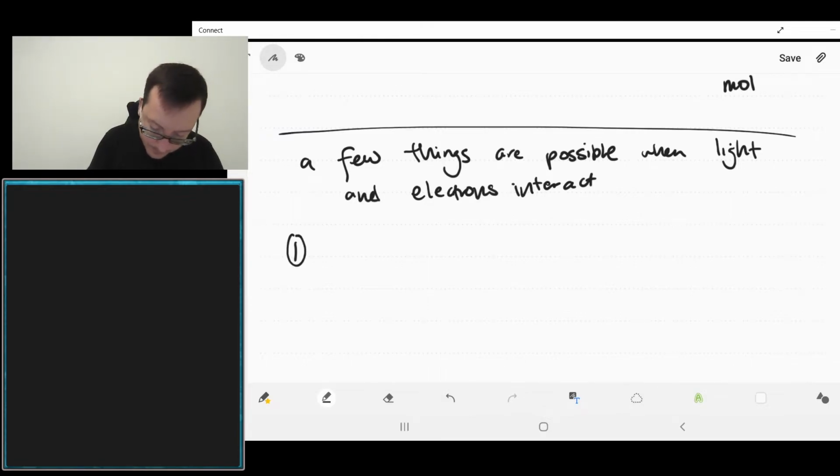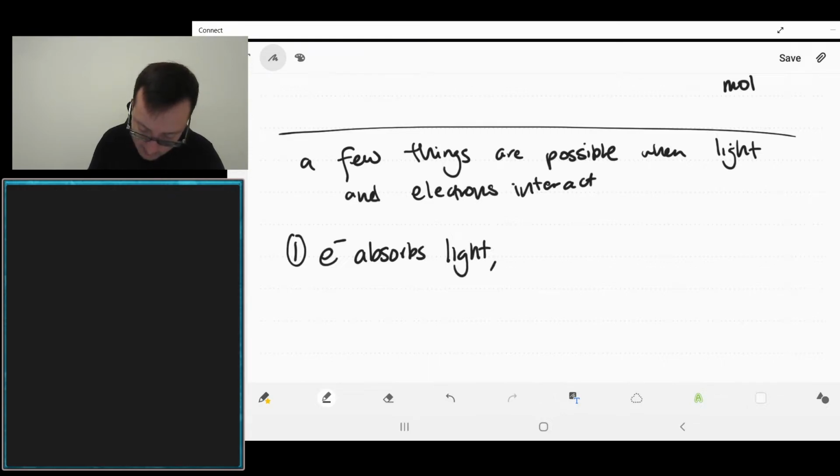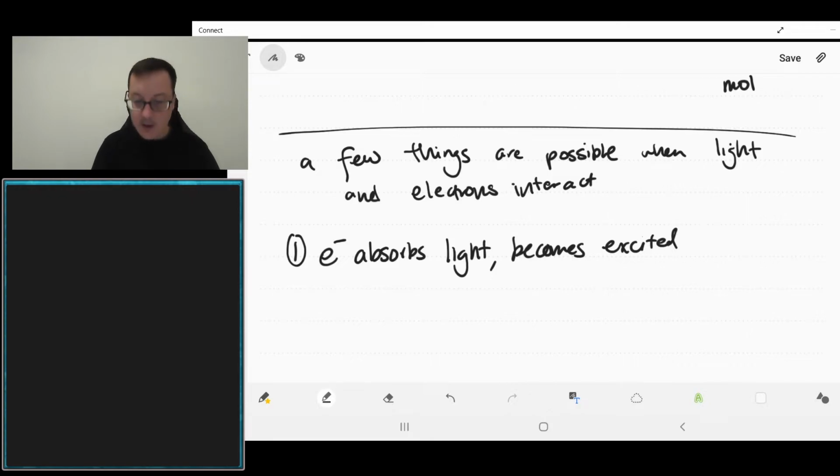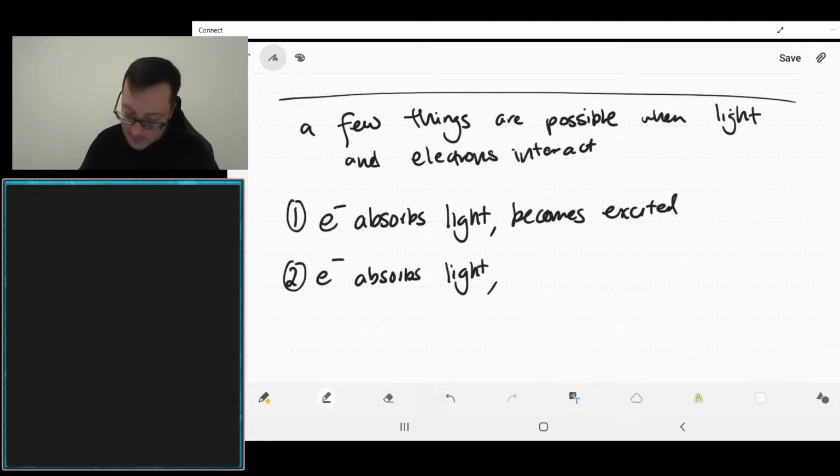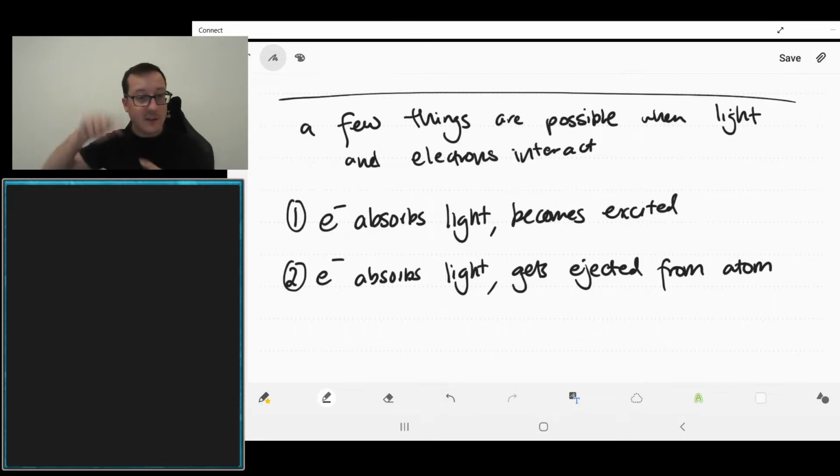Option one: the electron absorbs the light and becomes excited. We'll see what that means. Option two: the electron absorbs the light and gets ejected from the atom, meaning it gets so much energy that it just goes away. It's gone. It's out of there.